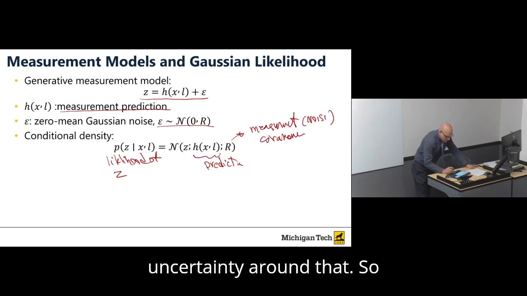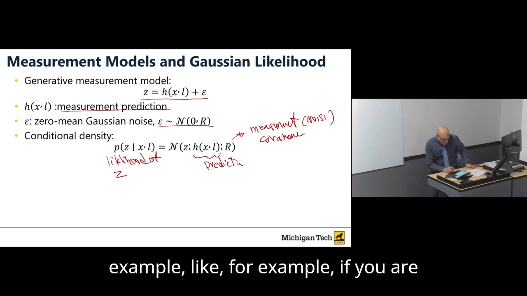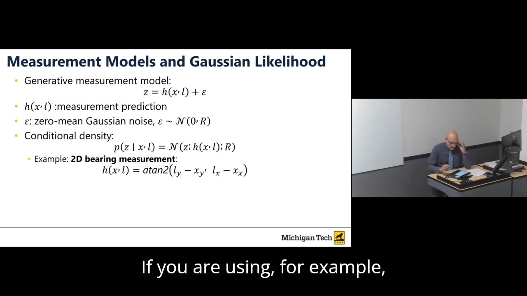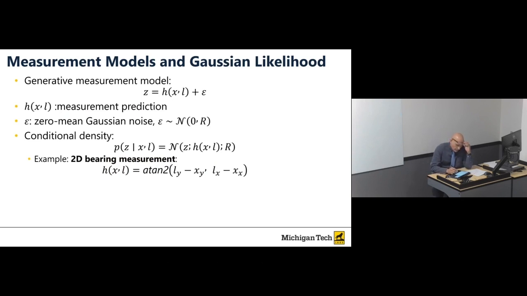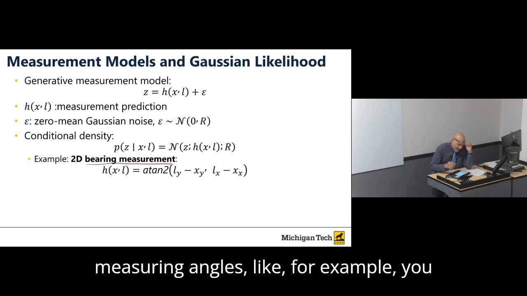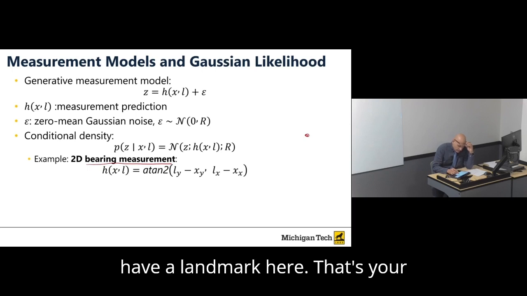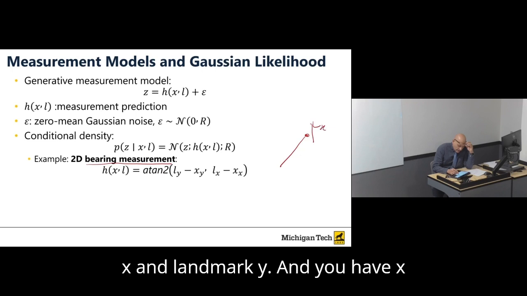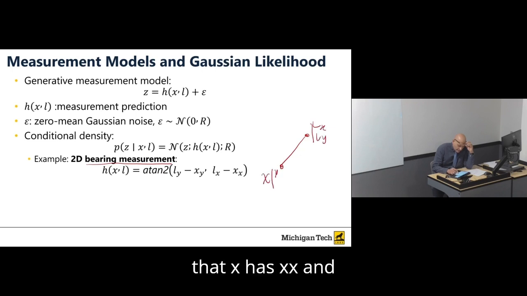For example, if you are using bearing measurements where you are measuring angles, you have a landmark here, with landmark coordinates Lx and Ly, and you have the robot state x, which has xx and xy.